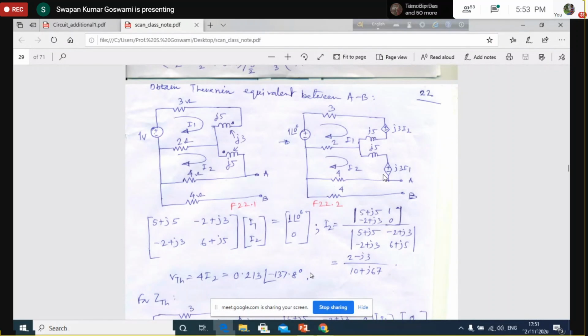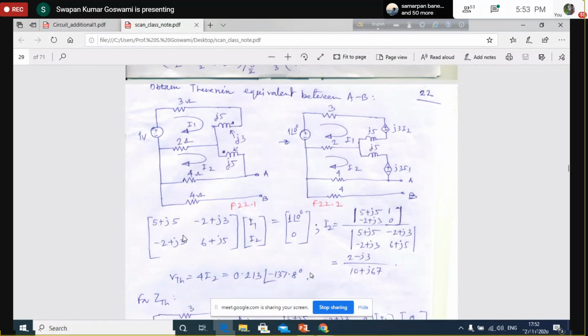Earlier that was not the case; the dependent sources were placed asymmetrically. Now both are there, and since it is mutual coupling, if it is in one branch it must be in the other branch, so if it is in one loop it must be in the other loop, and they are placed symmetrically. That is why the impedance matrix becomes symmetric again. So in the presence of dependent sources, we can say that a network may lose its symmetrical property or its reciprocal property.